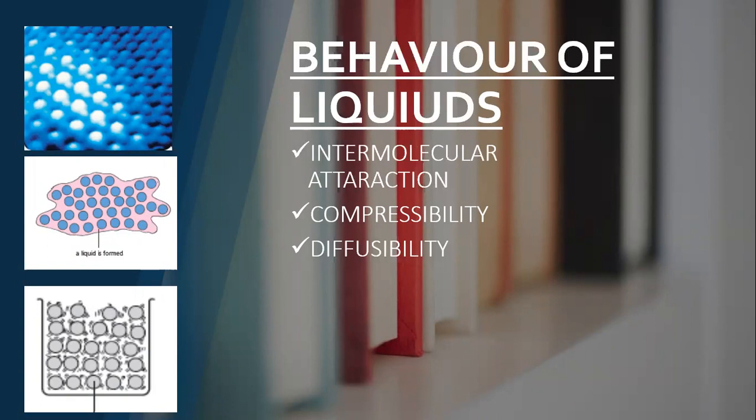So this is known as the diffusion of liquids: one drop of liquid diffuses slowly and the whole water turns to the respective color of the ink. This is the behavior of the liquids and their diffusibility.